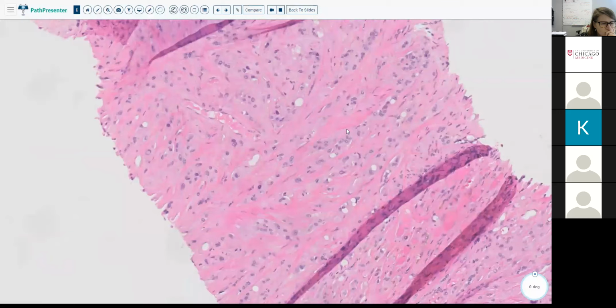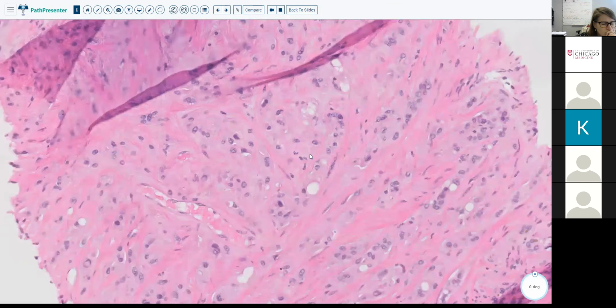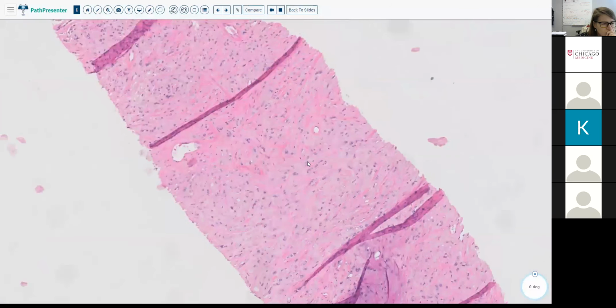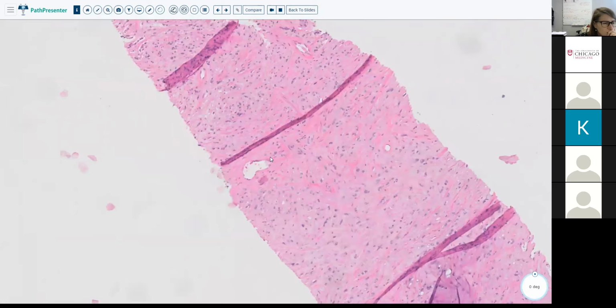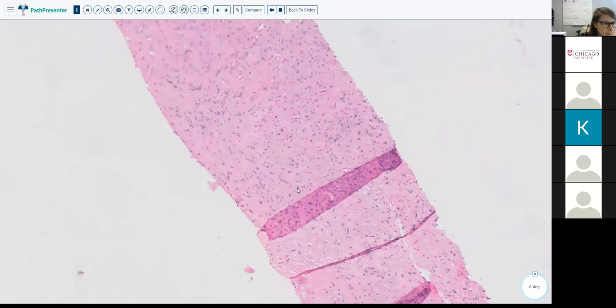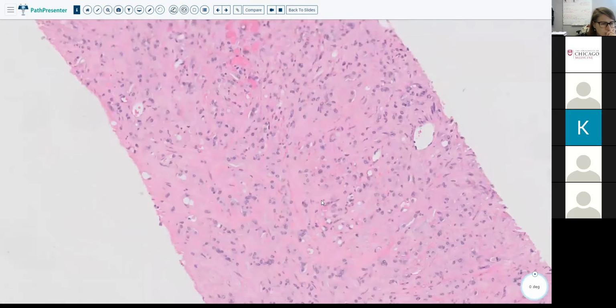When you dial down on the cells, you appreciate that they have little lumina, right? So one thing you can think of is maybe this is lobular breast, but I think you're going to tell me that the site is probably not breast.